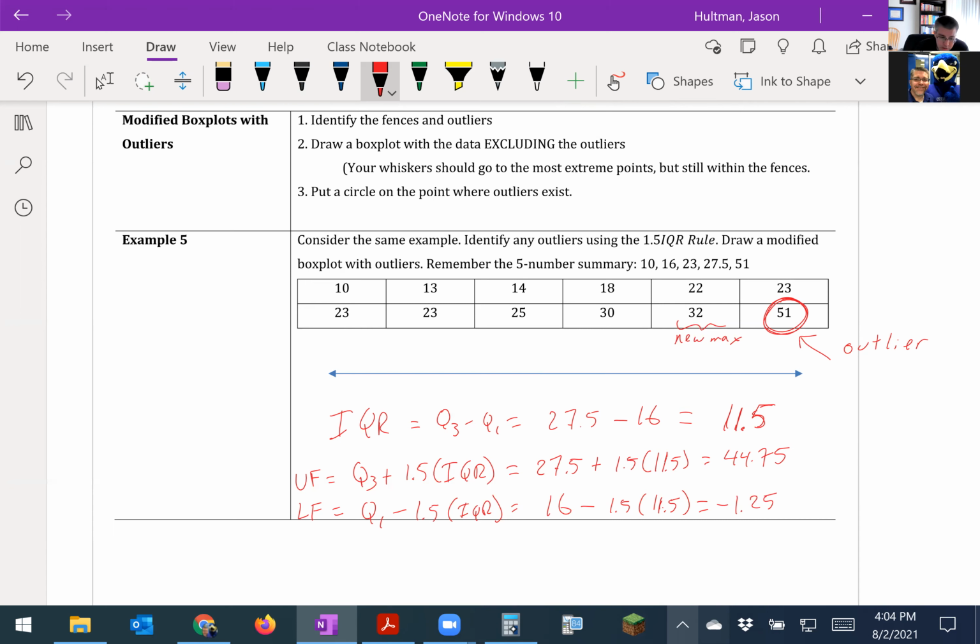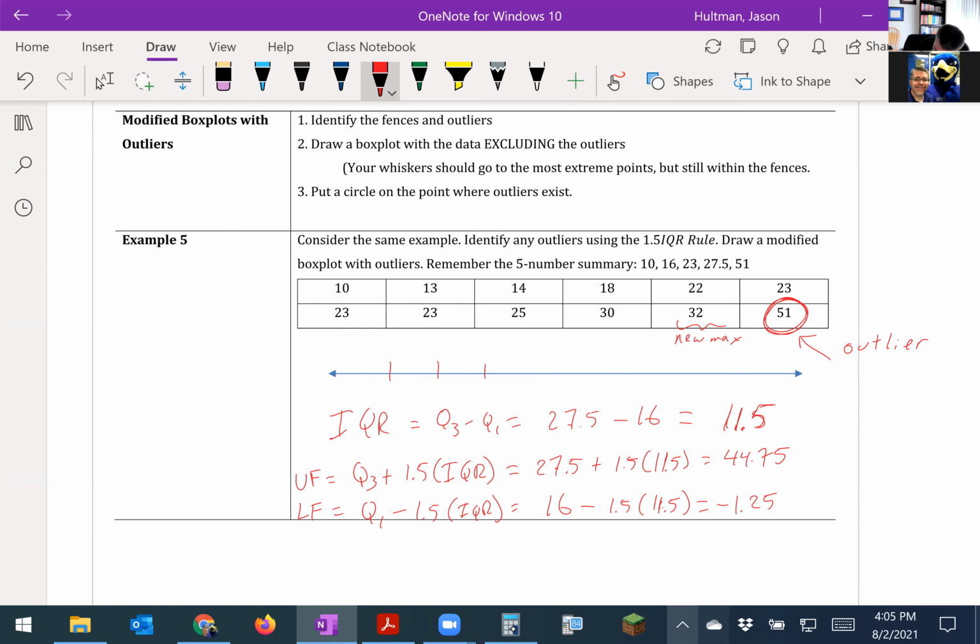Here's how this works. We're still going to go 10, 20, 30, 40, 50, and 60, spread out a little bit more like I did last time.